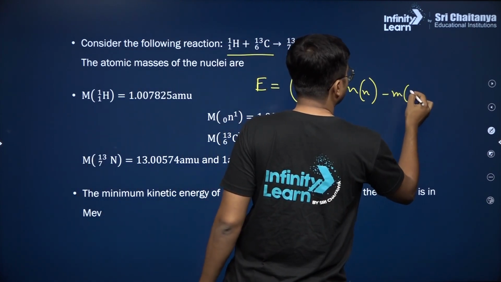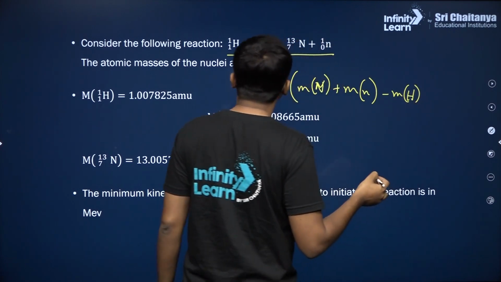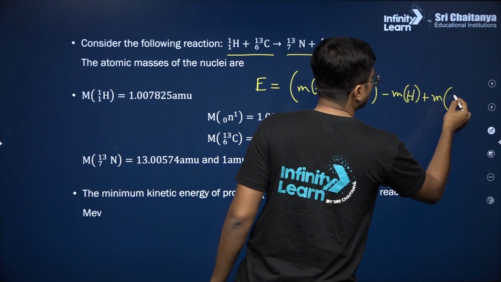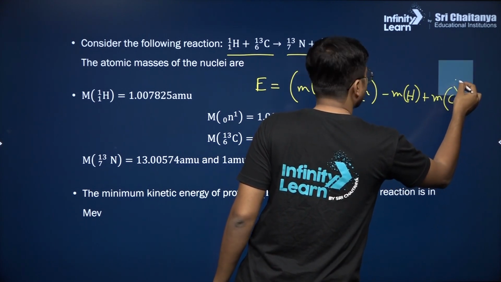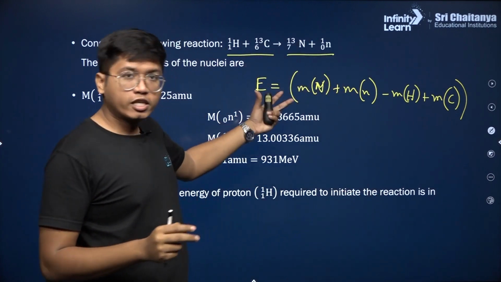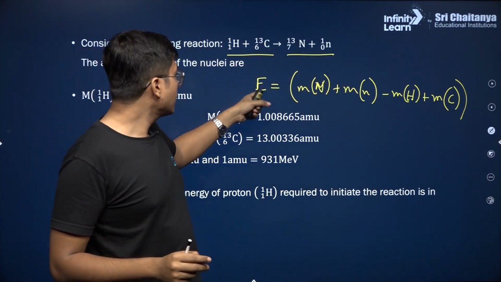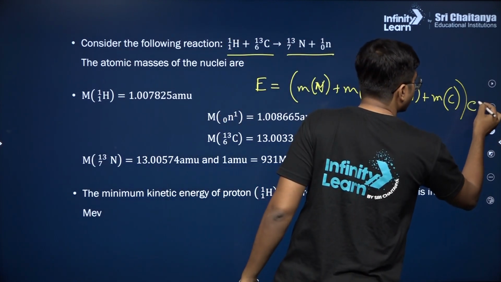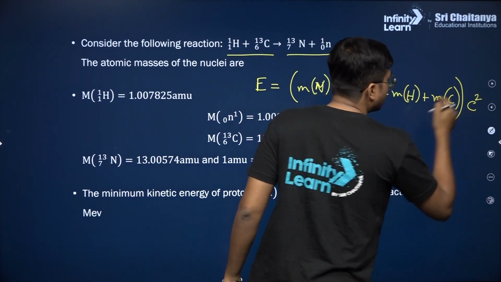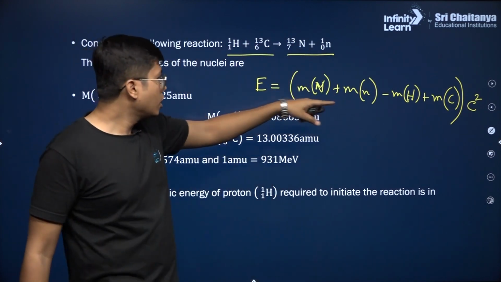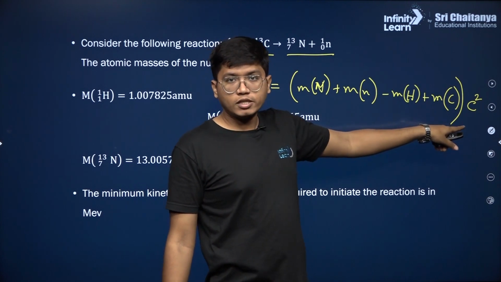Mass of this proton plus mass of this carbon atom, right? This is the mass change, and then we need to convert to energy. The way to convert to energy is to multiply with c square, right? We don't need to worry about that c square, because we will get this in atomic mass units.